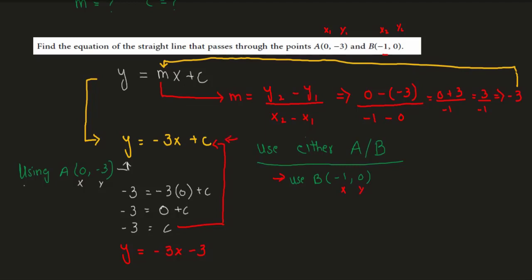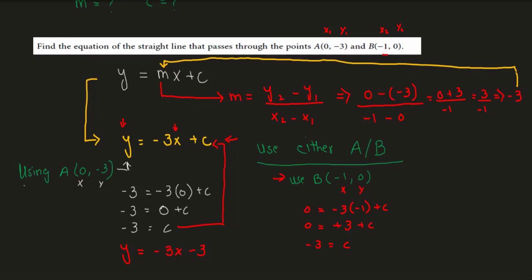So y is 0 equals -3 times the value for x, which is -1, plus c. Solving, 0 equals -3 times -1, which is +3, plus c. Now if I take 3 to the other side, minus 3 equals c.